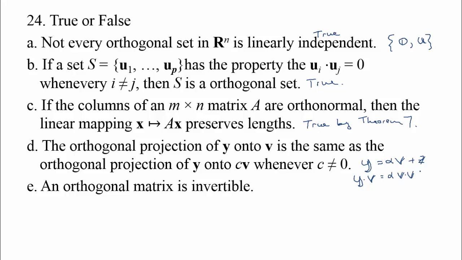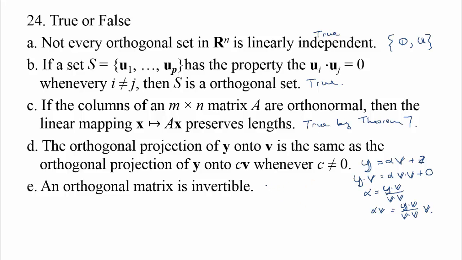We got alpha v dot v plus z dot v, and since z was assumed to be orthogonal to v, that's 0. And solving gave us alpha equals y dot v divided by v dot v, and therefore the projection alpha v was going to be y dot v over v dot v times v.